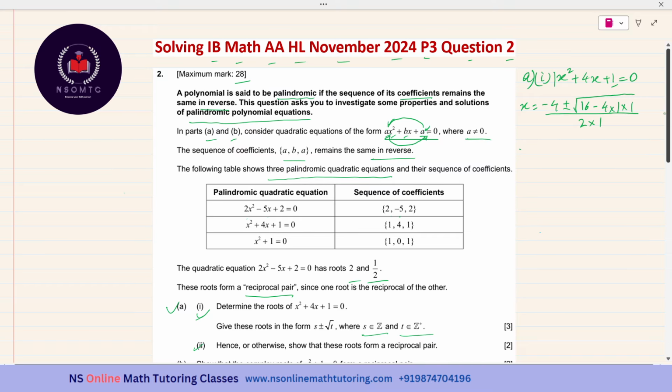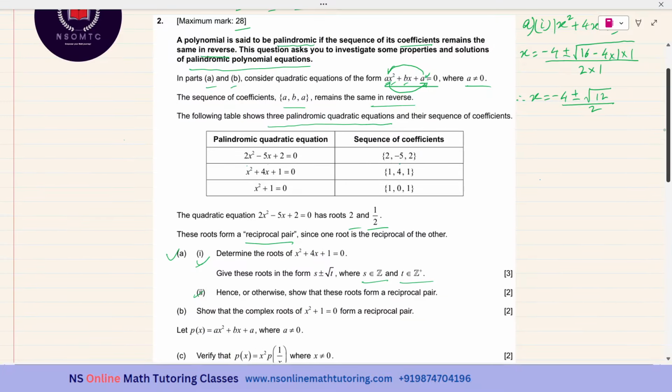Therefore x equals minus 4 plus minus the square root of 16 minus 4, which is 12, over 2.